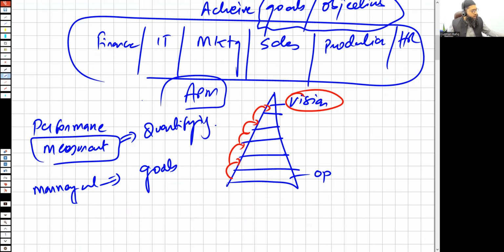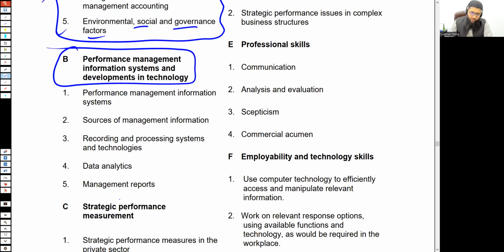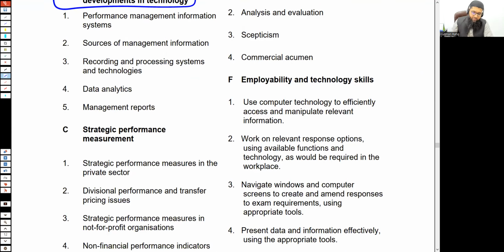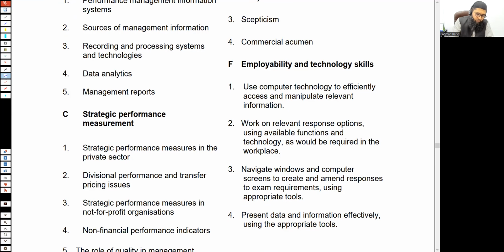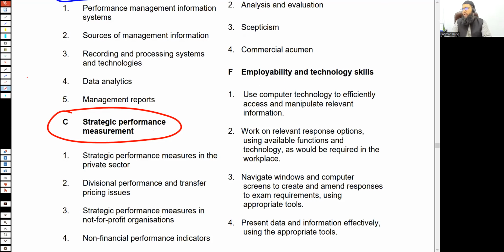Now, what is the third area of the syllabus? The third area is strategic performance measurement. I told you about performance measurement; here you need an information system to gather the data. Once you have gathered the data, you measure the performance and quantify it.